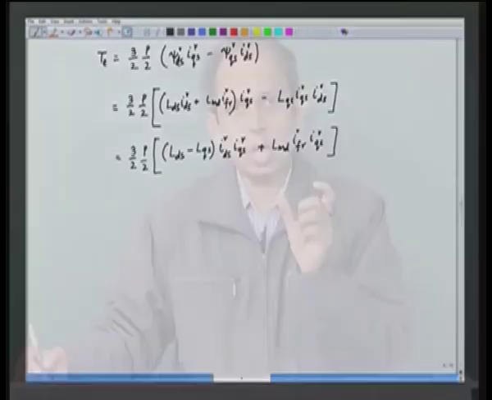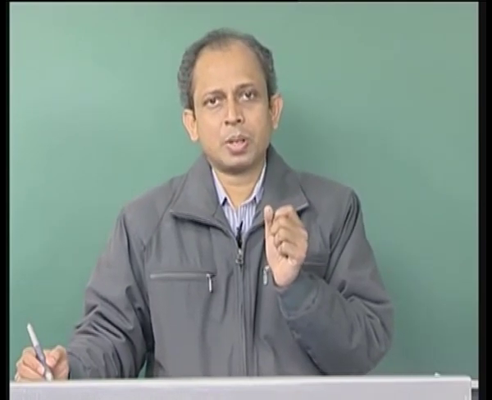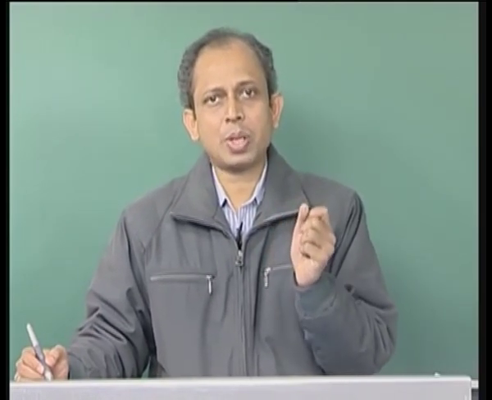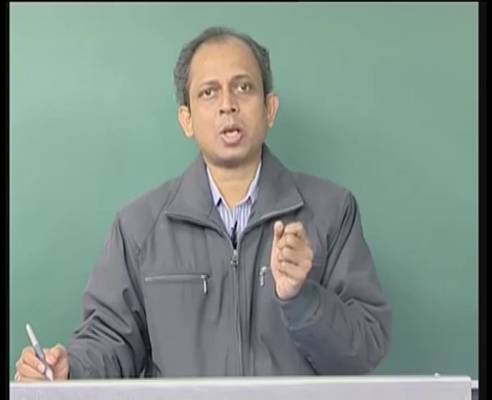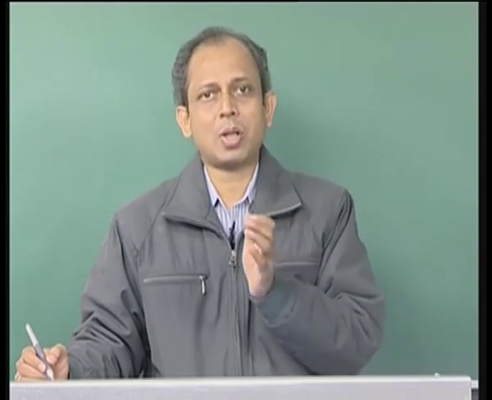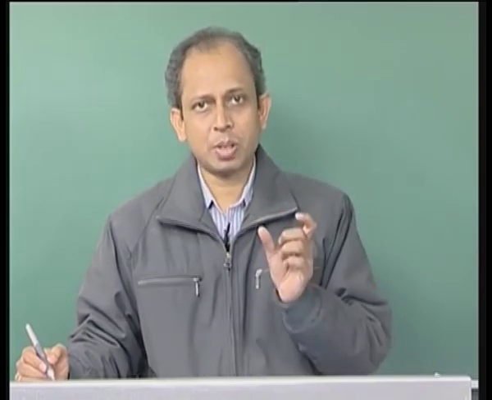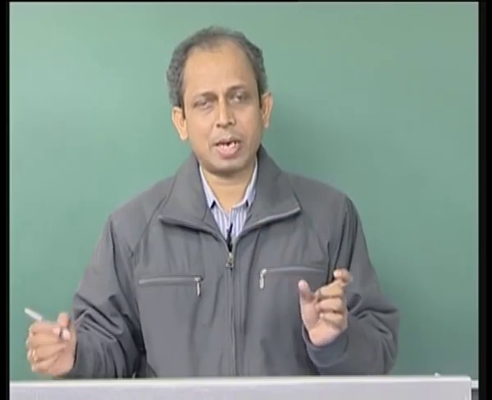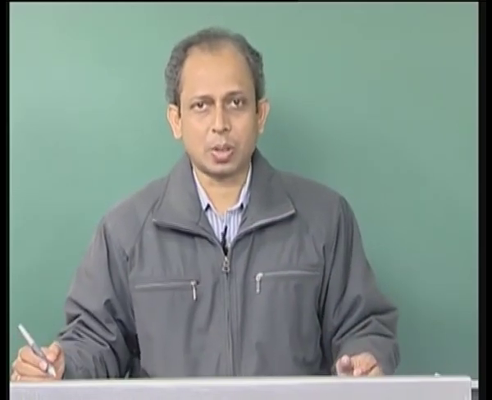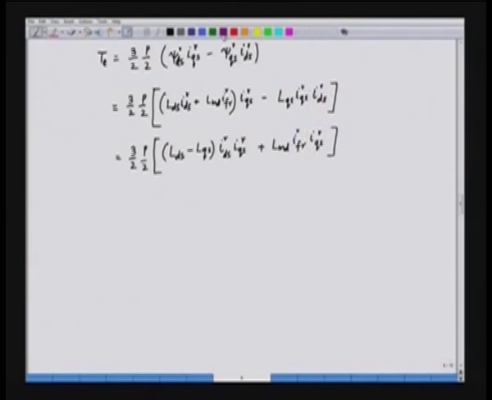Now, we see that the first part here is proportional to I q s and I d s, no doubt, but it is also proportional to L d s minus L q s. The first part of this equation, right hand side, is called the reluctance torque.